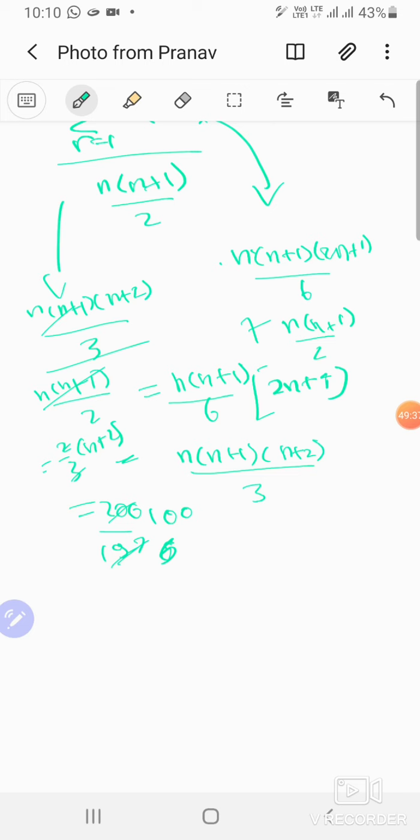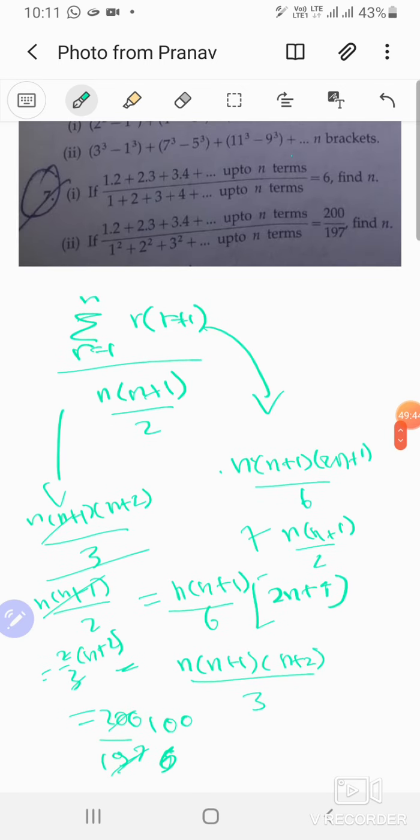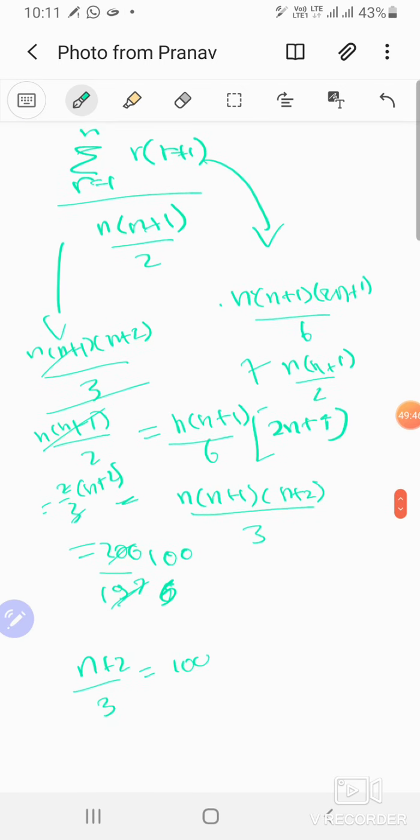Doesn't make sense. Fine, so n plus 2 upon 3 equals 100 upon... is this really 197? 197. That's a very, not nice number. Yeah, it's like n plus 2 upon 3.